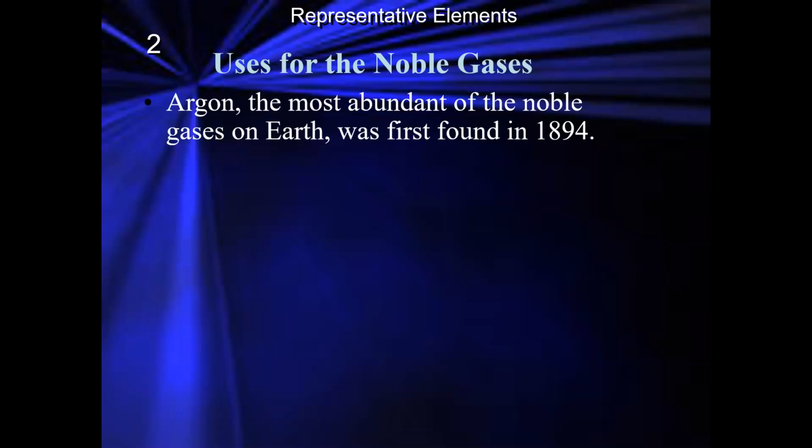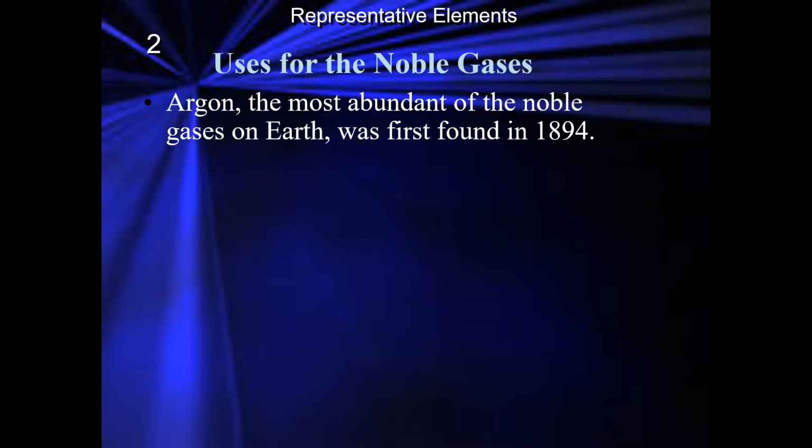Argon is the most abundant of the noble gases on Earth, and was found in 1894.